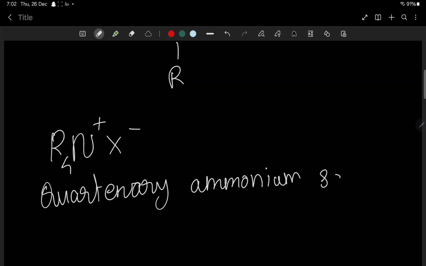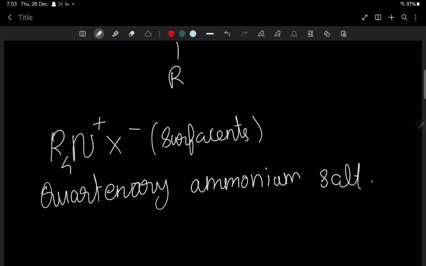So this is the important reaction. And this quaternary ammonium salt is used as a surfactant. So this is the ammonolysis reaction.